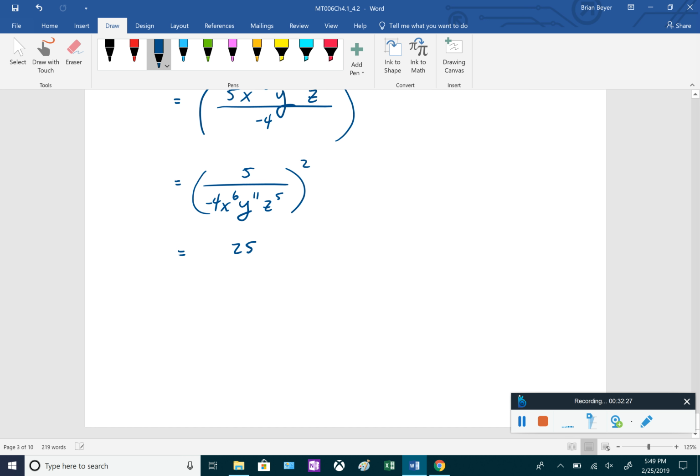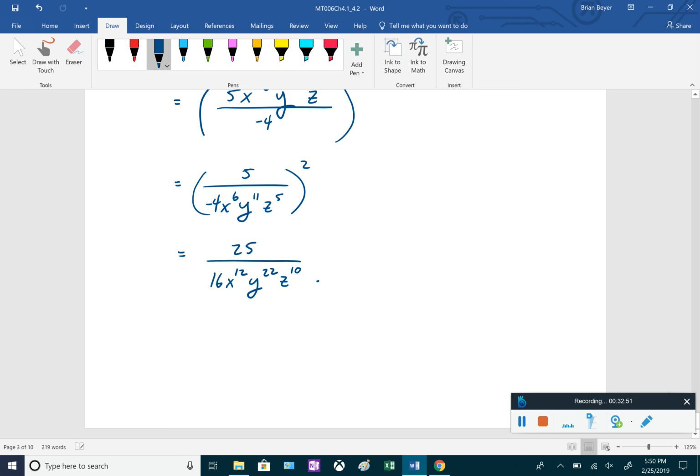So 5 squared is 25. -4 squared is 16. X to the 6th squared, power to a power we multiply, is going to be x to the 12th. Y to the 11th squared, multiply, 11 times 2 is 22. Z to the 5th squared, 5 times 2 is 10.